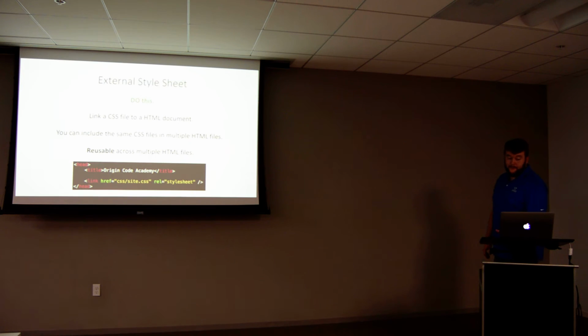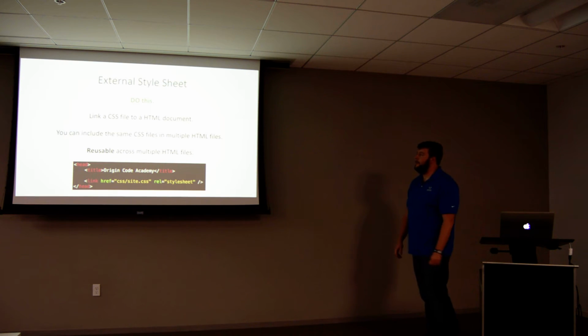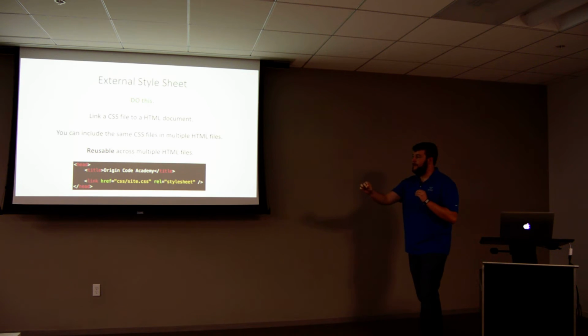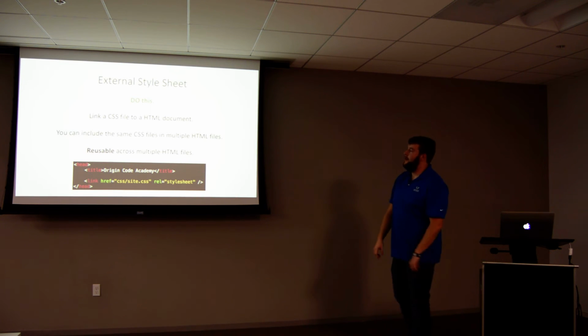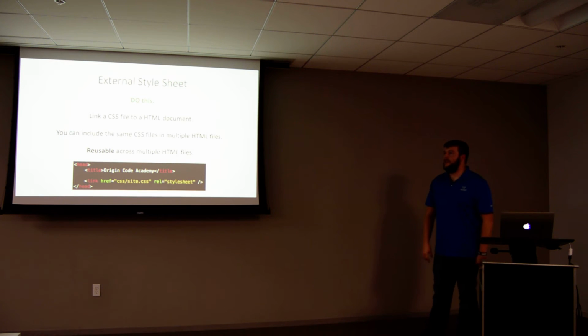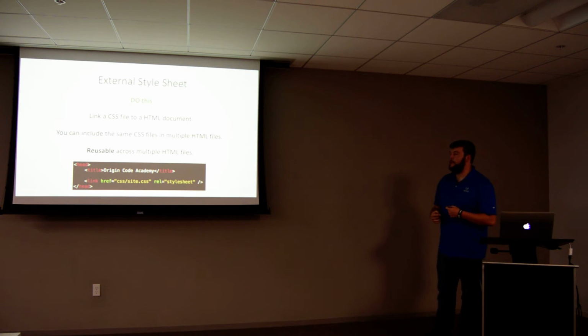And then the final one, which you should do, is to use external style sheets. Excuse me. So this is where you create an actual separate CSS file. So for example there, you can see it's in the CSS folder and it's called site.css. What this allows you to do is make your CSS reusable across multiple HTML files.